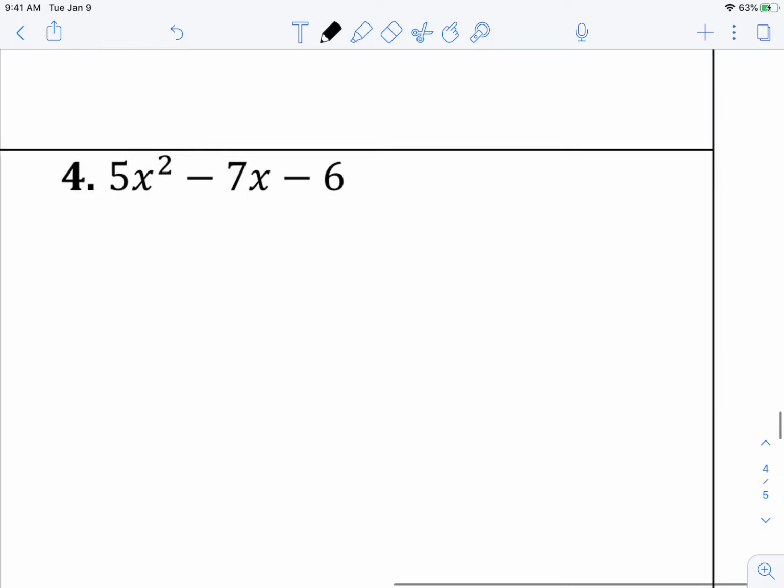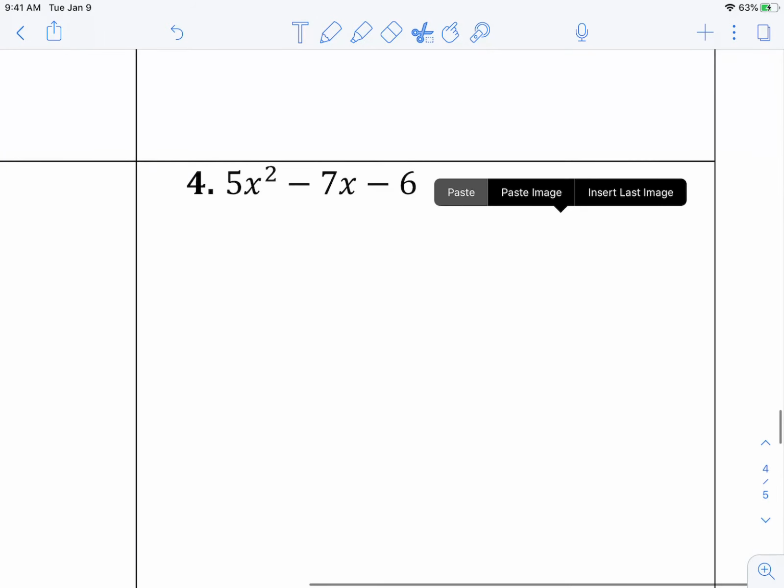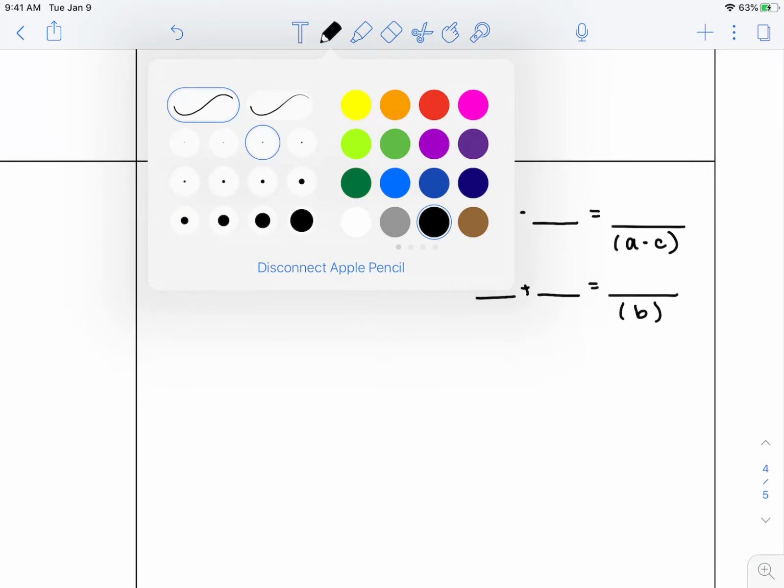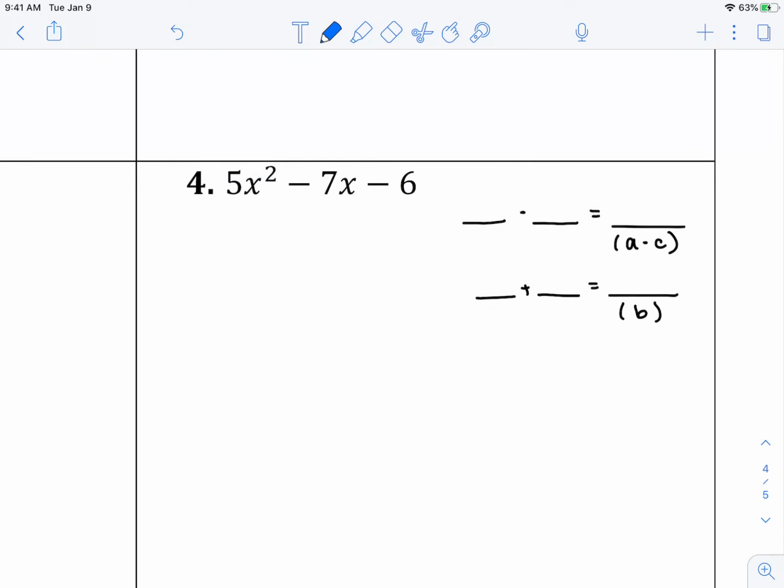If we look at another one, again I'm going to start by finding our two numbers. A times c in this case is 5 times negative 6, which is negative 30. And our b is negative 7. So I'm thinking 10 and 3, and one of those needs to be negative, in this case the 10.